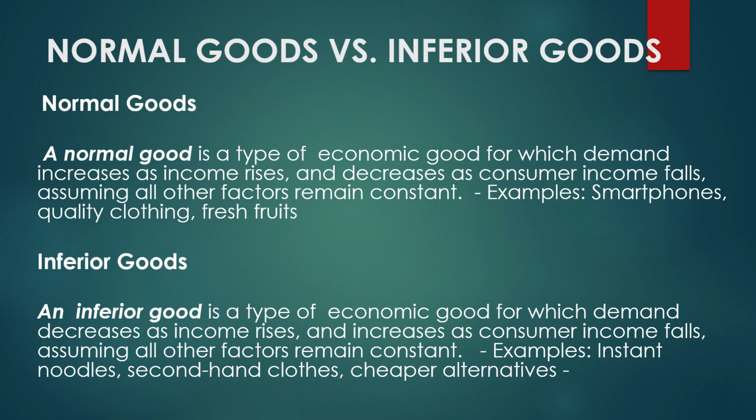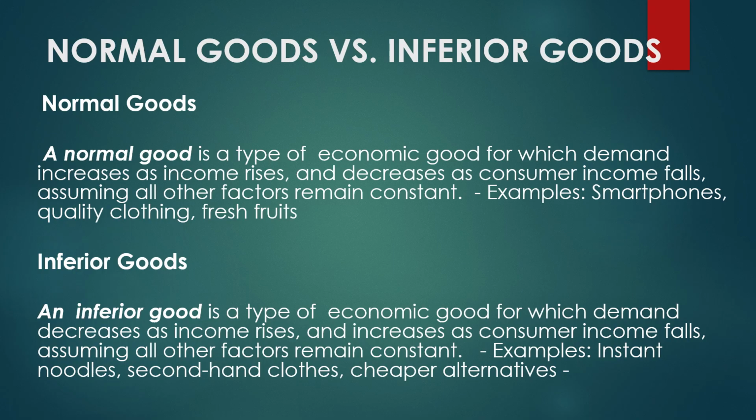Inferior goods. An inferior good is a type of economic good for which demand decreases as income rises and increases as consumer income falls, assuming all other factors remain constant.